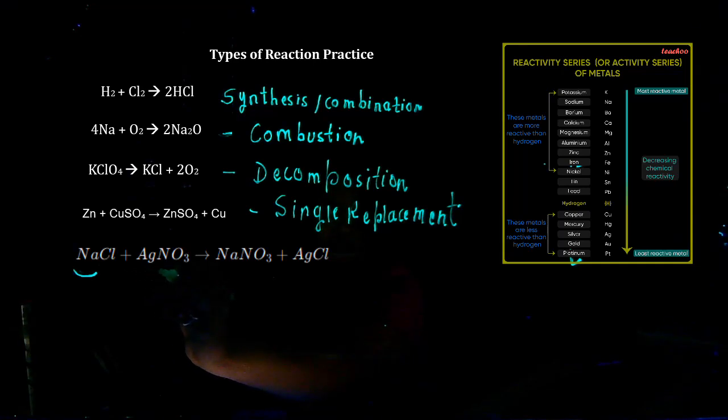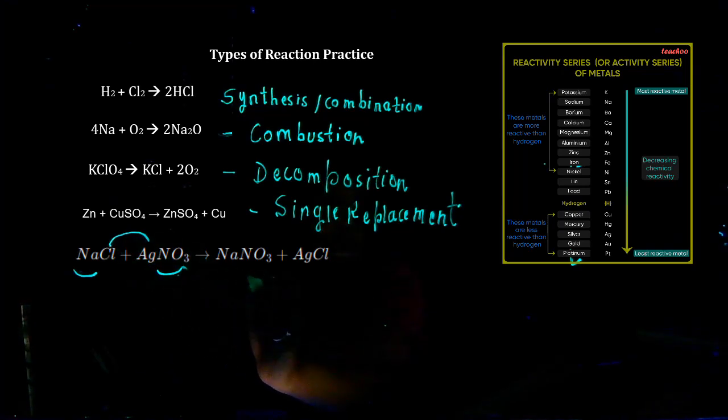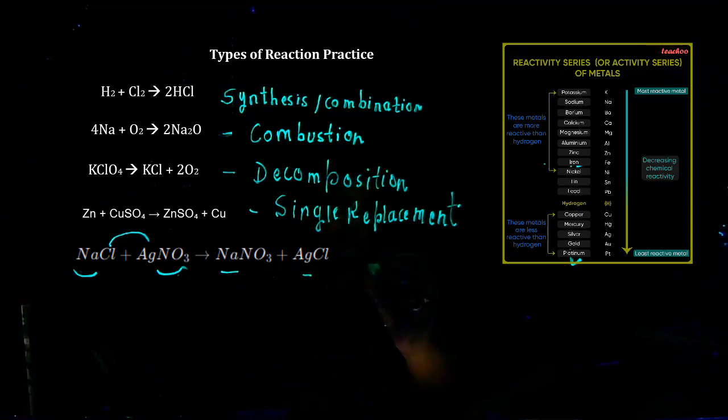Na is going to combine with the nitrate part, and silver will combine with the chlorine, so forming two new compounds on the product side, that's sodium nitrate and silver chloride. So they exchange their parts and forming two new compounds. This is an example for double replacement.